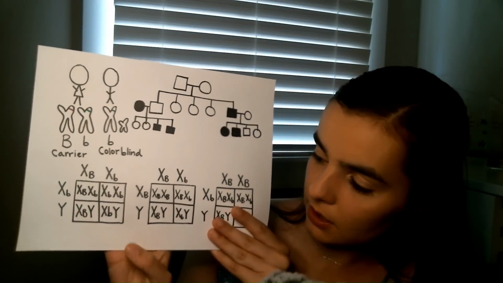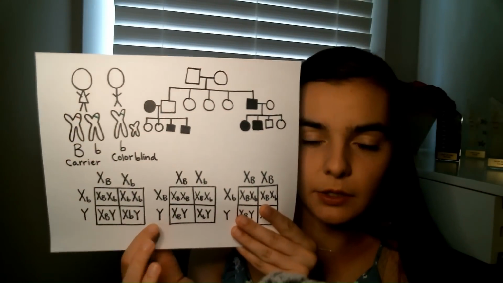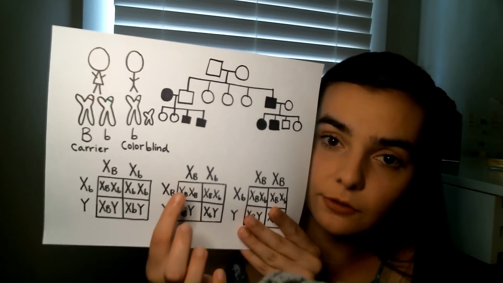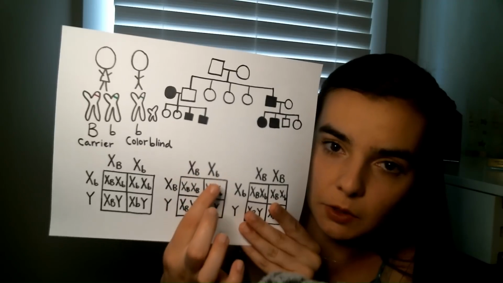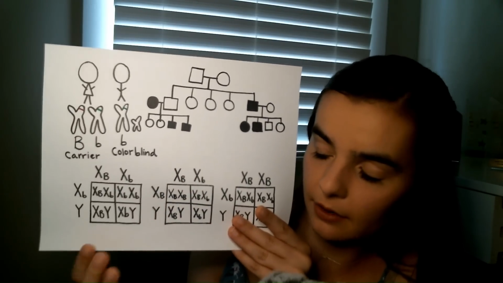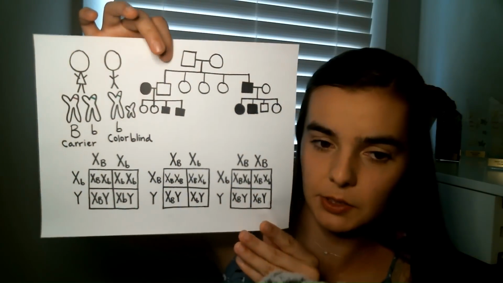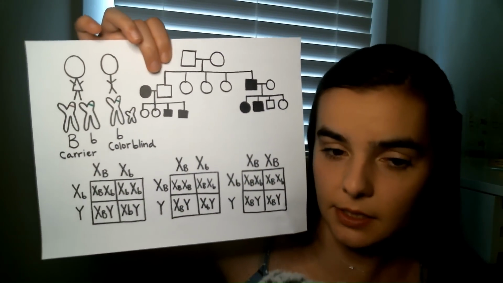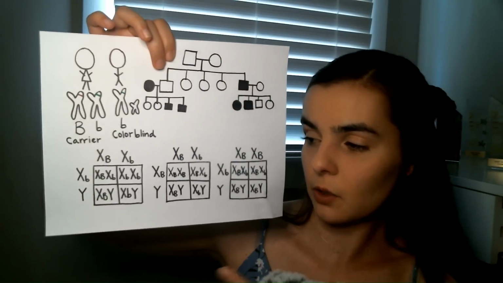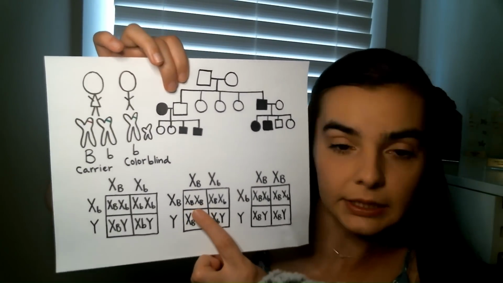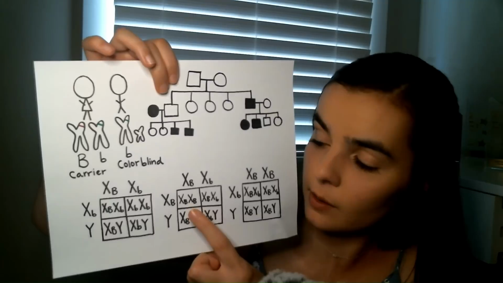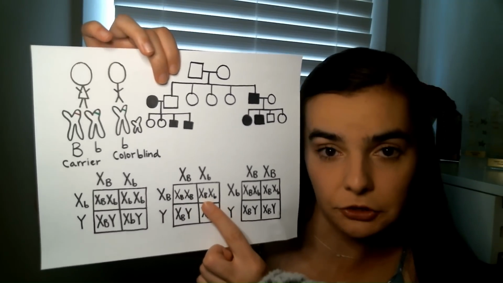Because if we are looking here, we have a carrier female, big B, little b. She's not colorblind, but she's a carrier. And then a normal male, he is not colorblind. So neither parent is colorblind. Here we are gonna get a completely normal female, not a carrier, and a carrier female.